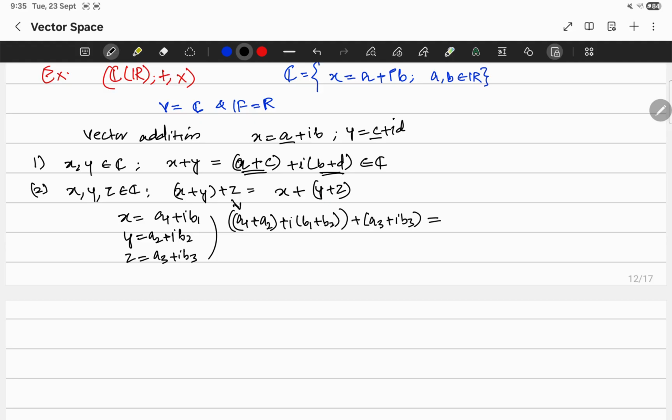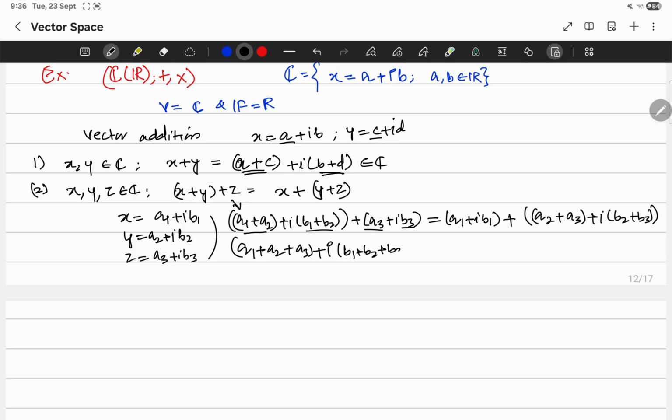Should be equal to, now x is a1 plus iota b1, plus y plus z, which is (a2 plus a3) plus iota (b2 plus b3). Now if you solve it, this is the real part, this is the imaginary part, so a1 plus a2 plus a3, plus iota (b1 plus b2 plus b3).